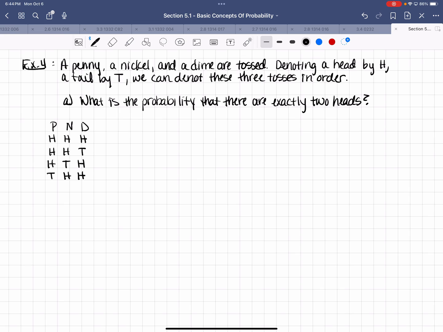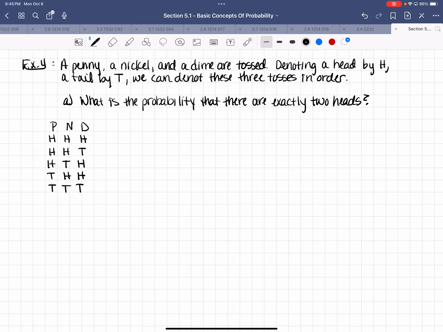I start off with all the heads, and then I change 1 to tail. And then I move that tail, well, we do have 1 tail. I made the penny a tail at the end. And then I just move that tail to all the spaces. Okay? Now, when I get back to that penny having a tail, well, now I list all my tails.